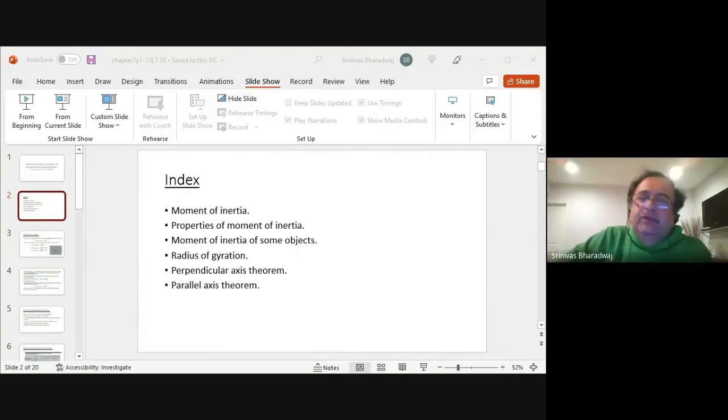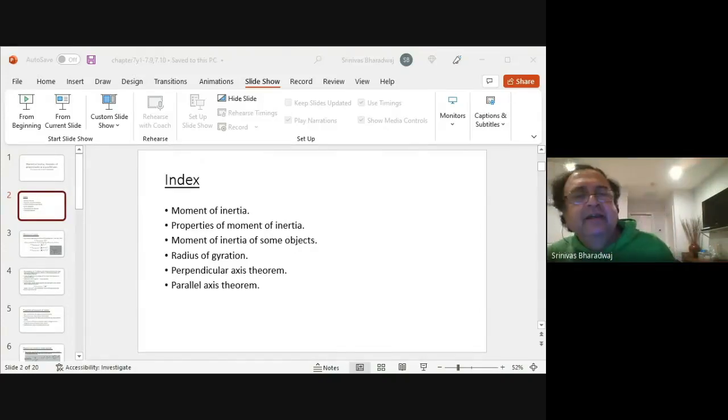And what is the m for each of those rings? Let's say this ring is at a distance r. What is its mass? Its mass is 2 pi r dr times rho. 2 pi r is the circumference, the length of that ring, times the thickness dr. Rho is the mass per unit area, because it's a uniform circular disk, that's why they use the word uniform.